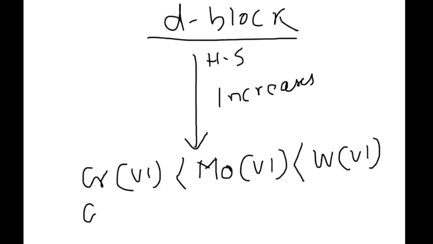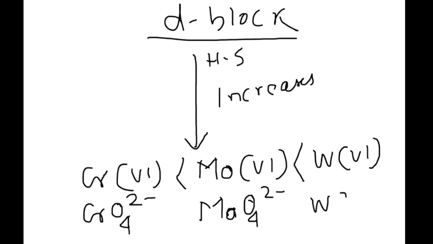For example, chromium in +6 state can form CrO4 2-. Mo can form MoO4 2-. Tungsten can form WO4 2-. All these elements are in +6 state. If we compare the stability, CrO4 2- is less stable than MoO4 2-, which is less stable than WO4 2-.